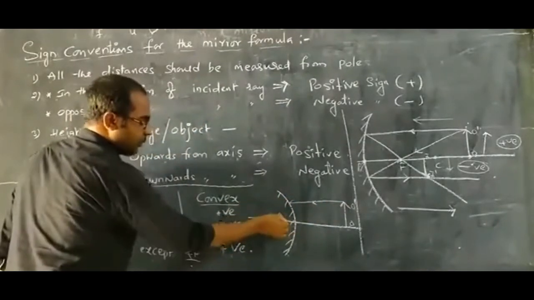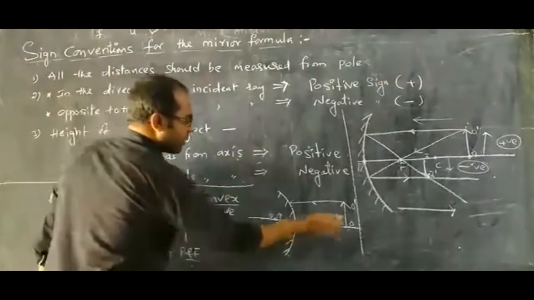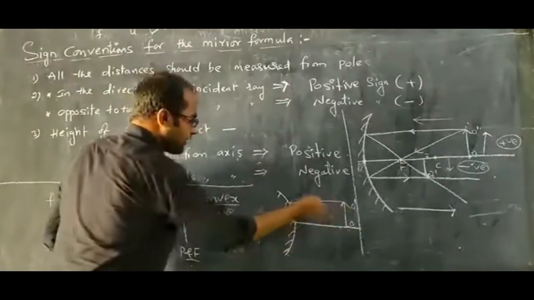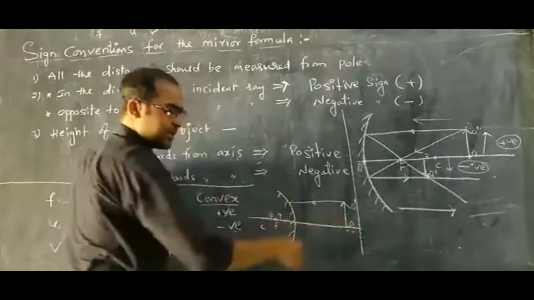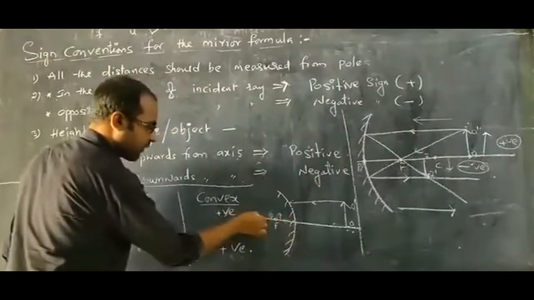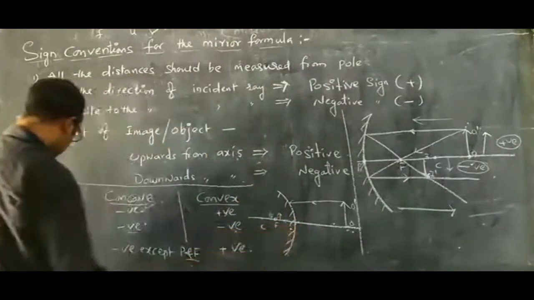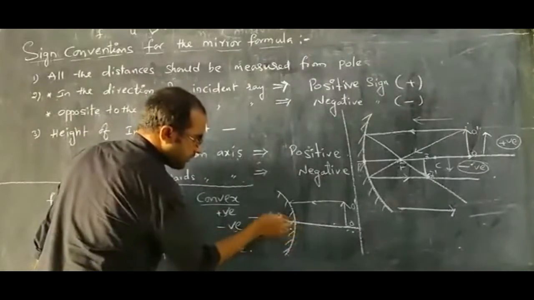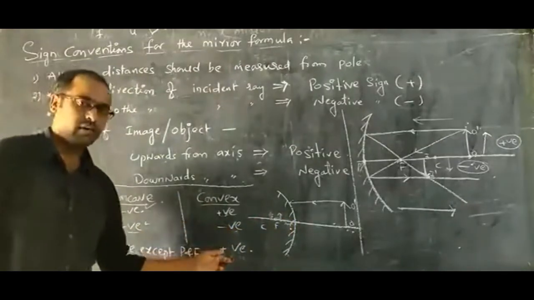Object distance is always negative: the object will be placed here, the direction of incident ray is like this, and we measure in the opposite direction to the incident ray. Radius of curvature is always positive, focal length always positive. And image distance is always positive, because the image will always be formed inside the mirror.